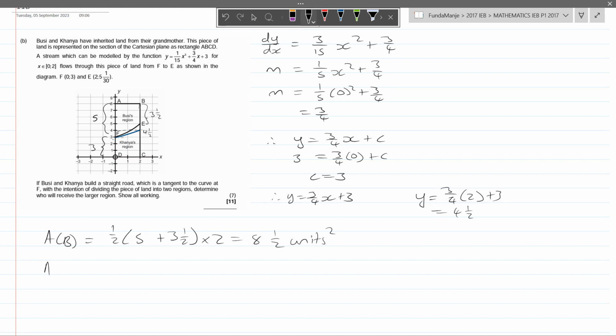Then the area for Kanya's region, we can just say it will be the area of the rectangle minus Busi's region. Or we can also calculate it the same way.